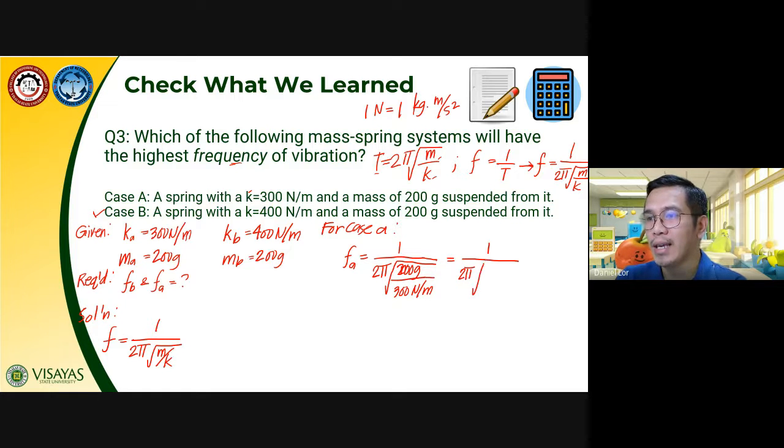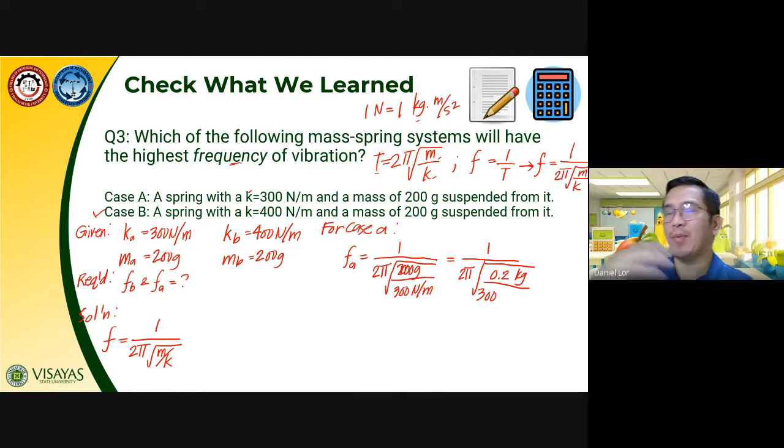1 divided by 2 pi times the square root of, okay, you may opt to convert 200 grams to kilogram, 0.2 kilogram divided by 300 Newton per meter. Okay, pwede na ito nga atong bungkagon ang unit nga Newton para makabalot ta unsa yung mga units nga atong pwede i-cancel out later on.